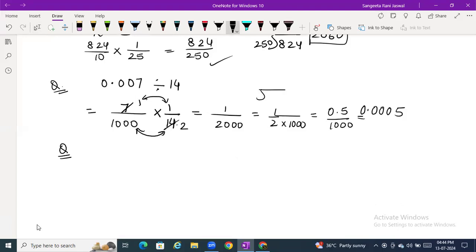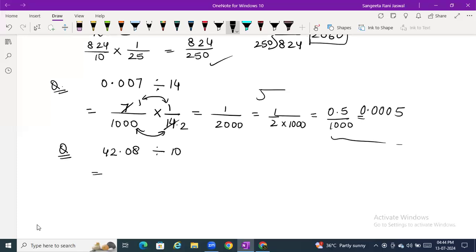Okay, let's take another. 42.08 divided by 10. How will you do this? This is just like this part.